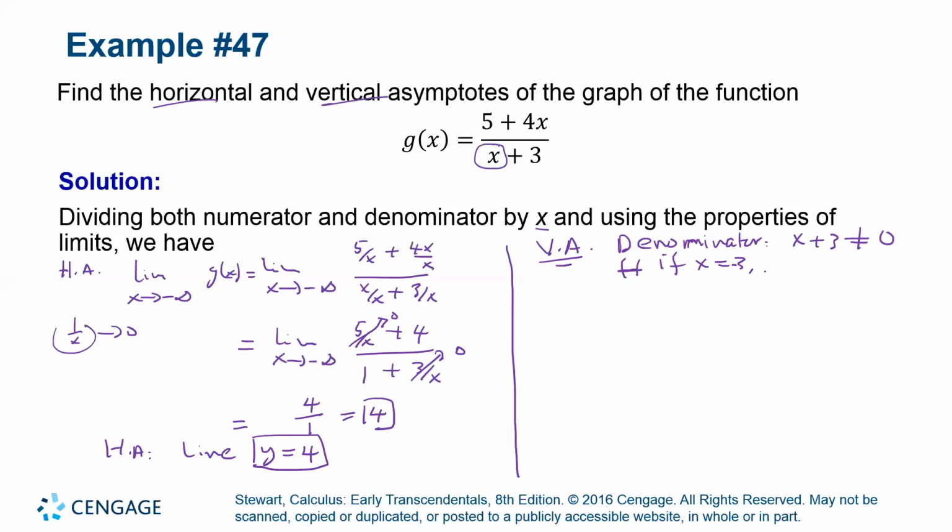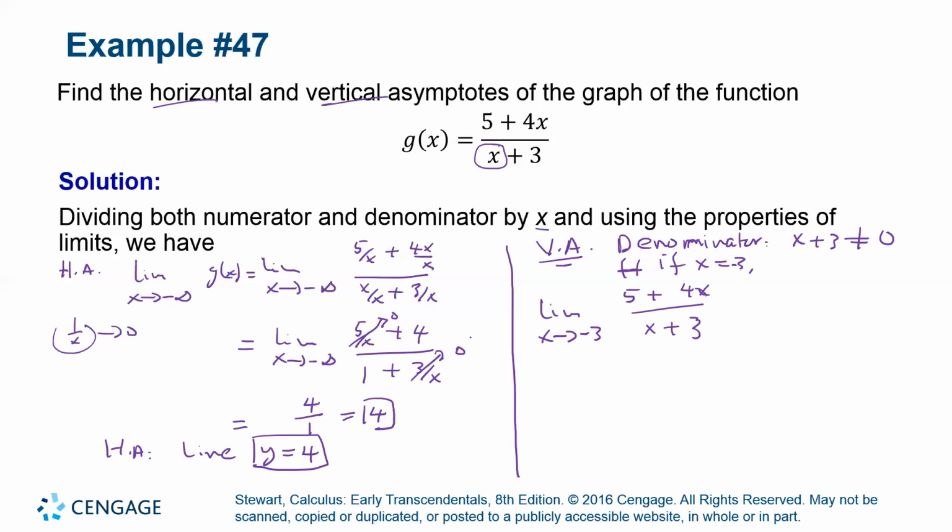And so that's why we have to find the limit. So we're going to find the limit as x approaches negative 3 of (5 plus 4x) over (x plus 3).